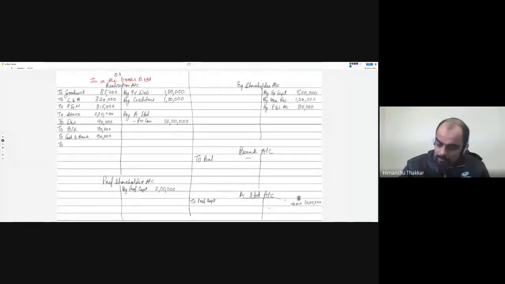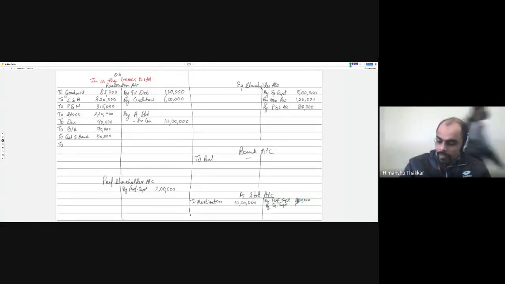On the debit side, sorry, to realization for getting the purchase price due, purchase consideration due, and receiving by preference capital. You're going to get 2,50,000. Then by equity capital 5 lakhs, and then by cash 2,50,000. That's it. That's the purchase consideration that you're going to receive.